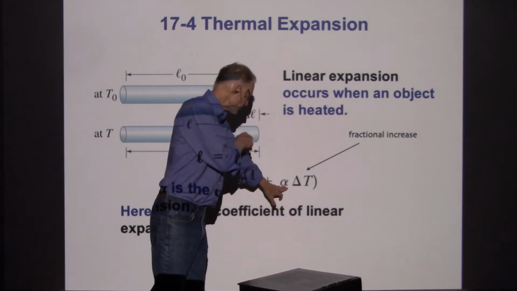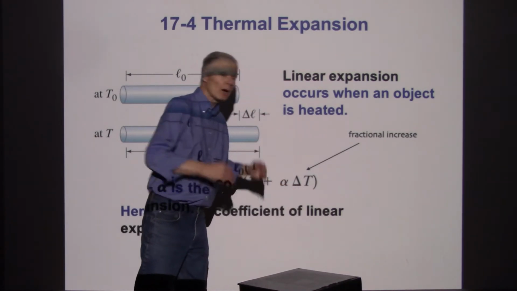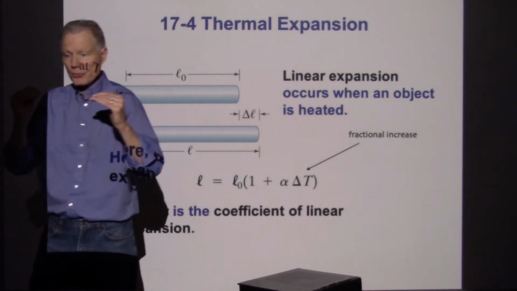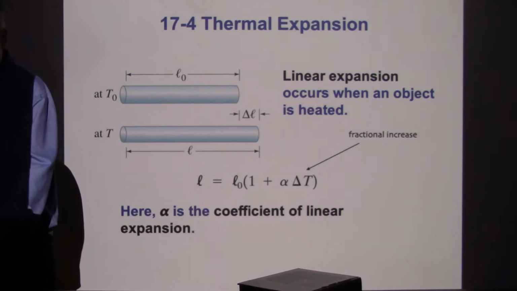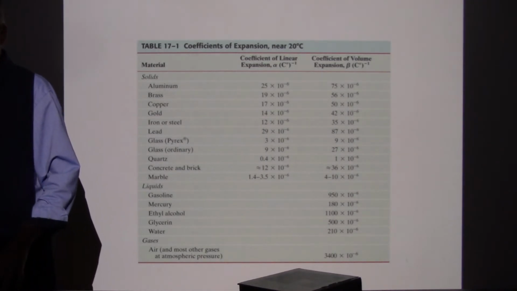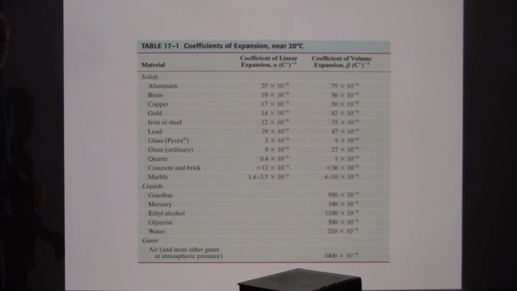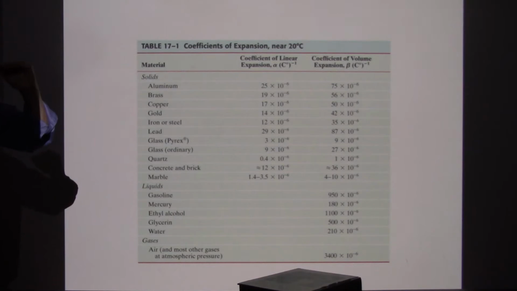That's going to depend on the material, and on how much the temperature increases. That's actually why we call it linear. The linear thermal expansion assumes that as the temperature goes up, the length will increase proportionally to that temperature.